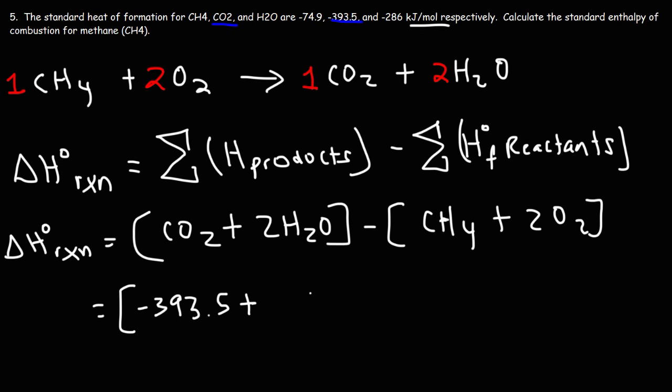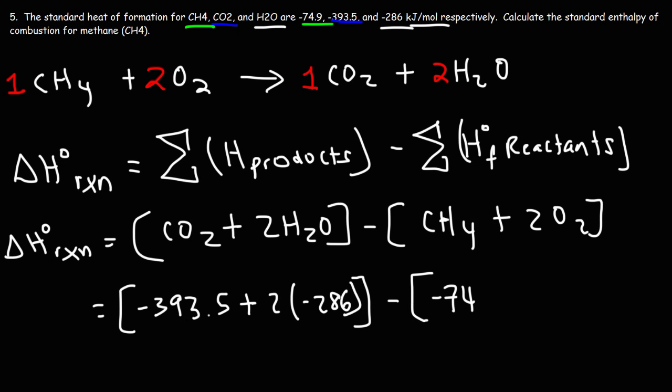For water, it's negative 286. But this is going to be 2 times negative 286 since we have a coefficient of 2 in front of H2O. The standard heat of formation for methane, that's negative 74.9. And for a pure element in its standard state, the standard heat of formation is 0.